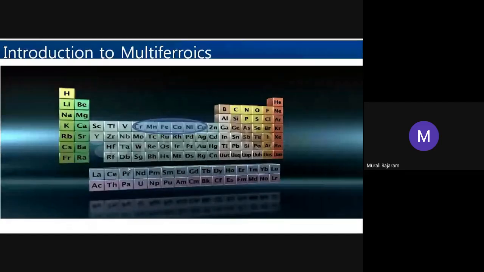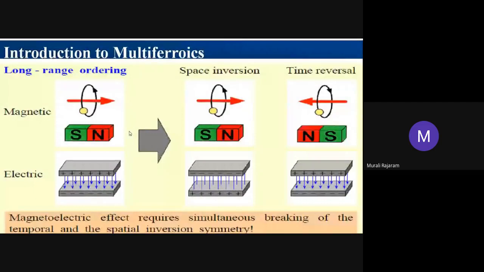Again, this graph shows the polarization. This is the magnetic polarization, north pole and south pole. When your electron spins in one direction, you will have the north pole and south pole in one direction, which is called time symmetry. If the electron spins in the other direction, you are reversing the time symmetry.